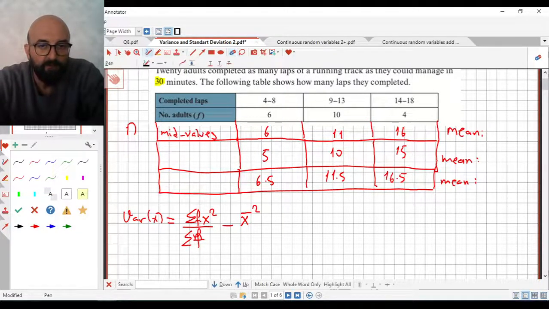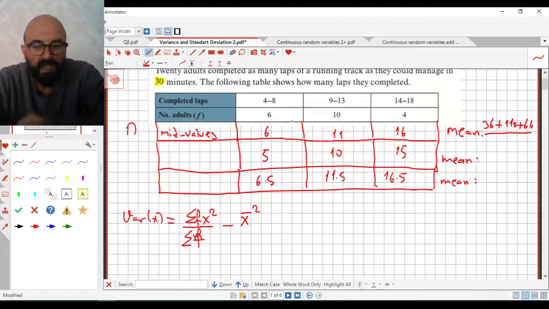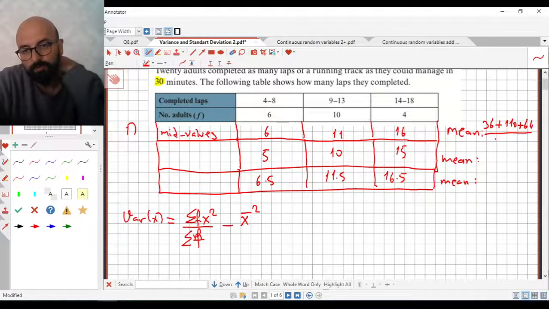For the first one, 6 multiply 6 is 36, plus 11 multiply 10 is 110, plus 16 multiply 4 is 64, over 20 values.